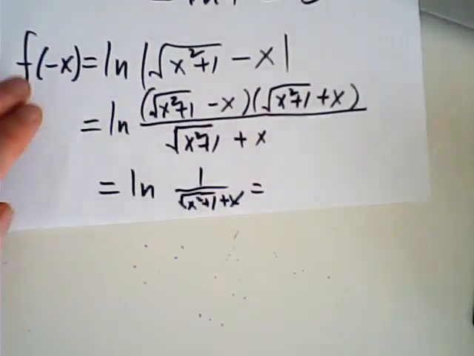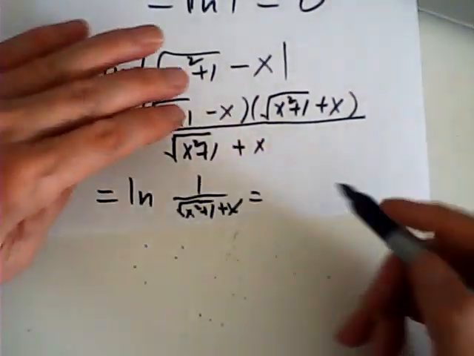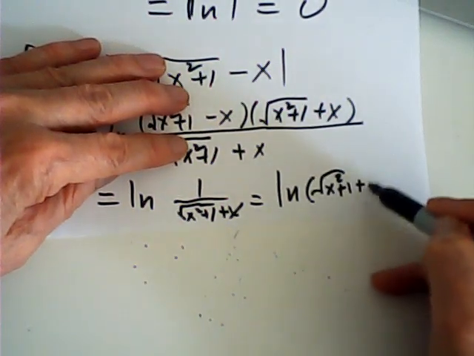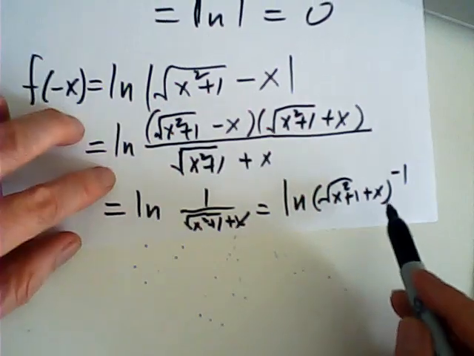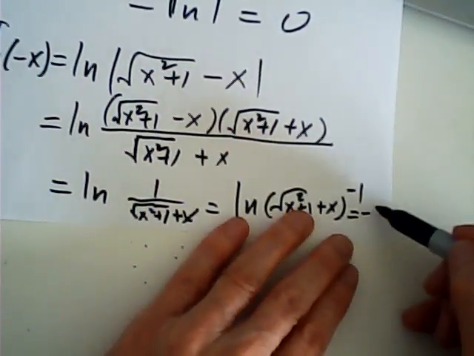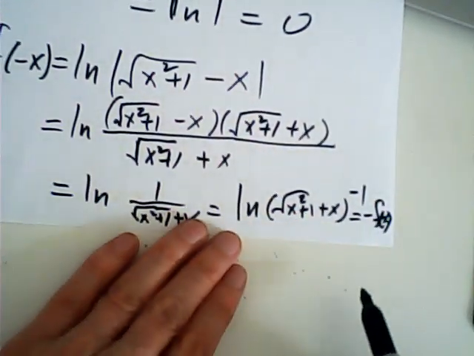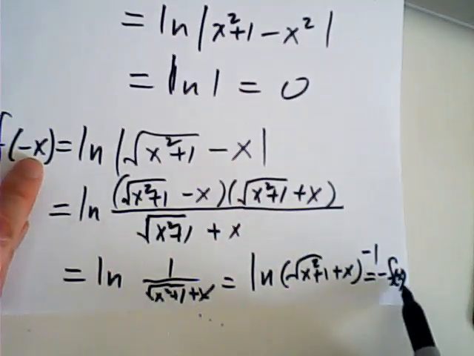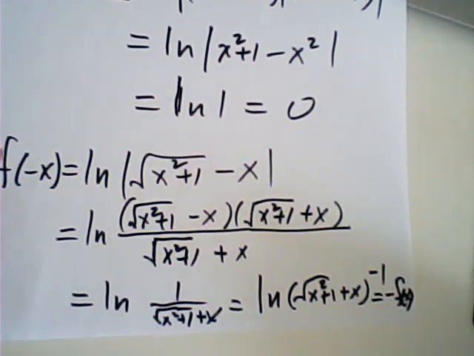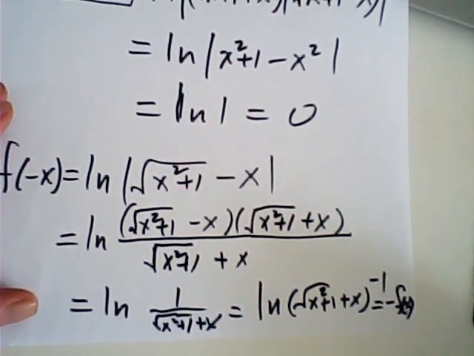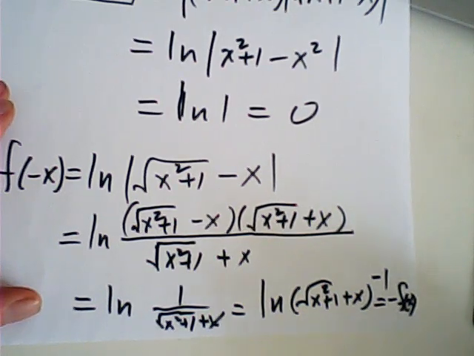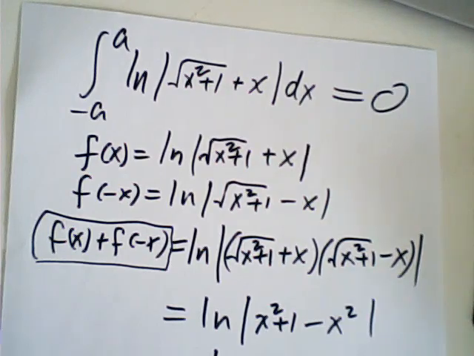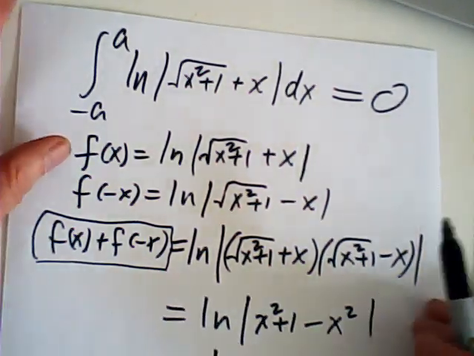So this one is equal to log of the square root of x squared plus 1 plus x, to the power of negative 1, right? So that's equal to negative f of x. So f of negative x is equal to negative f of x. So f of x is an odd function, all right? So therefore, this integral is 0. We don't even have to integrate.